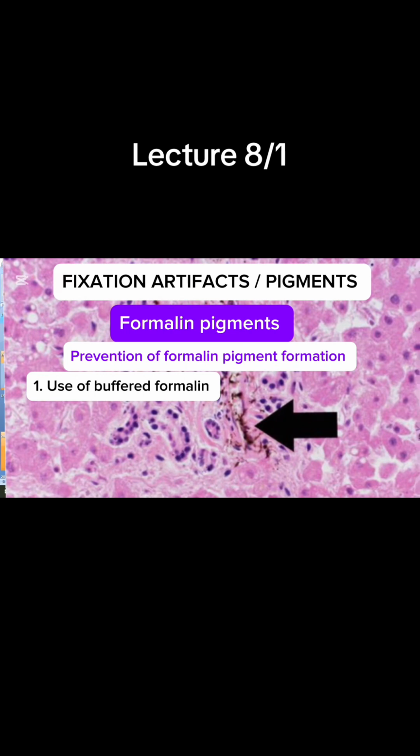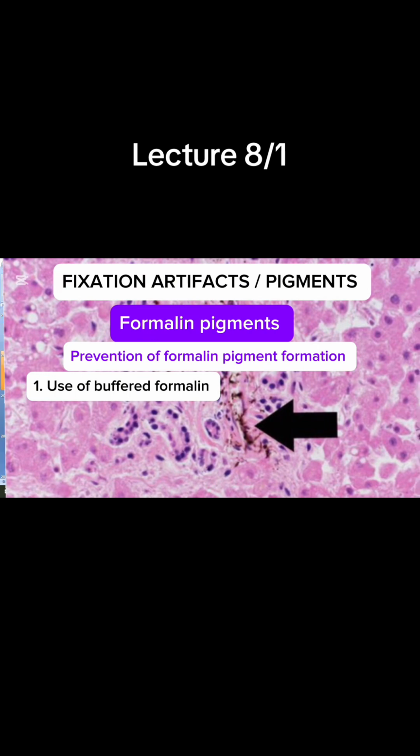At this neutral pH, hemoglobin does not react with formaldehyde to form acid hematin, hence preventing the pigment from being formed. Number two, it minimizes acidic byproducts. During fixation, formaldehyde can oxidize to formic acid, which lowers the pH of unbuffered formalin over time.